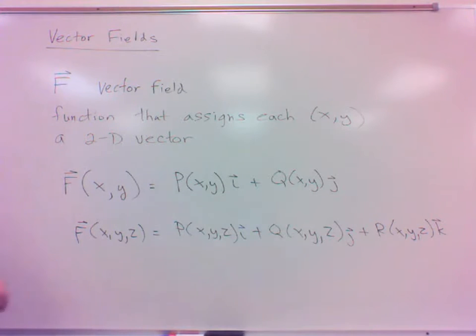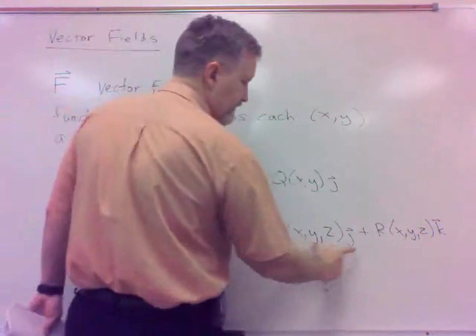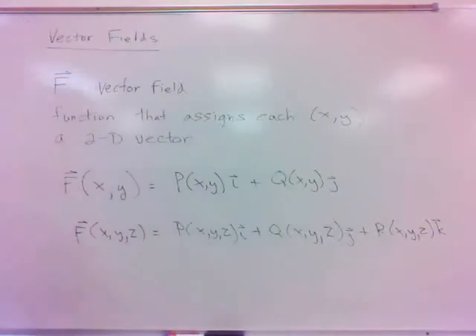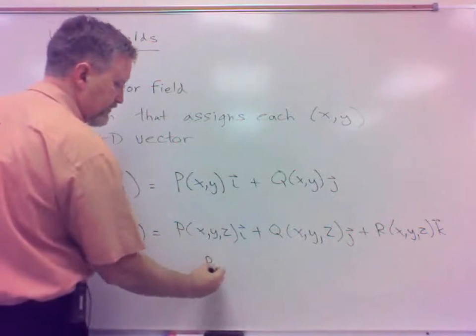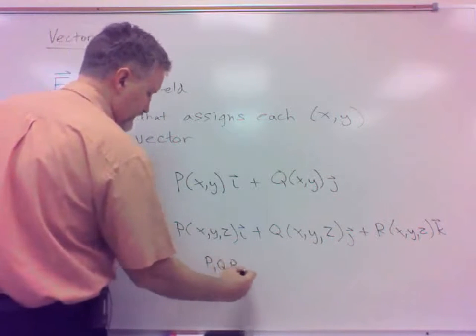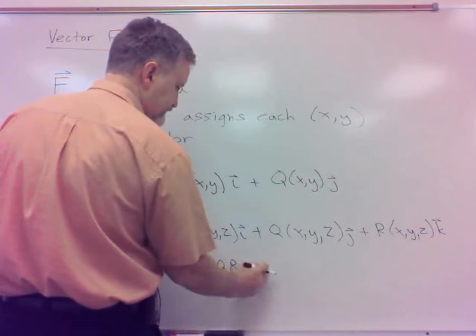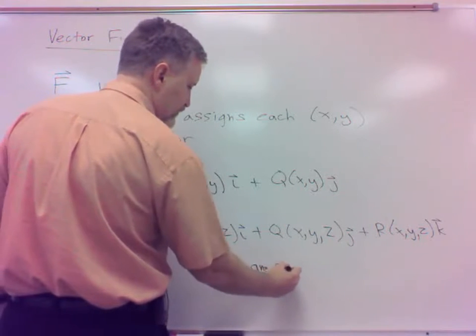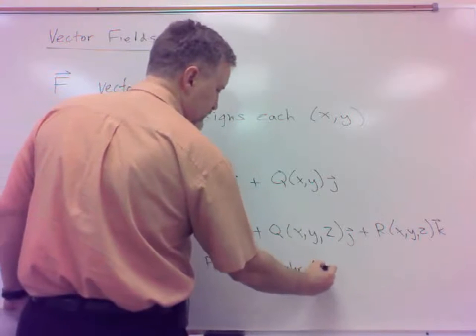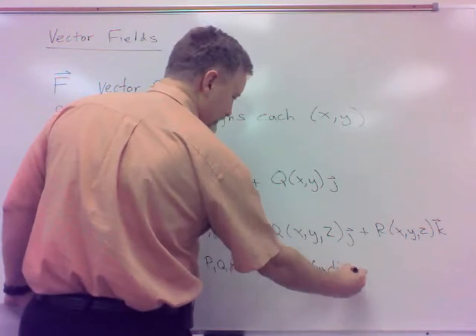And these functions that are the component parts, those are called scalars. P, Q, and R are called scalar functions for our vector function here. Just a little more terminology there.